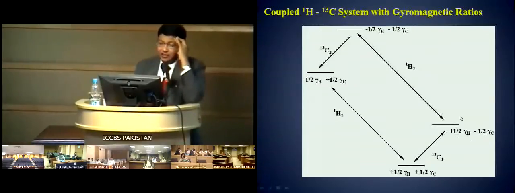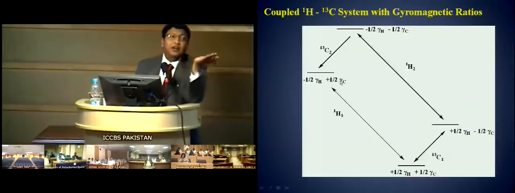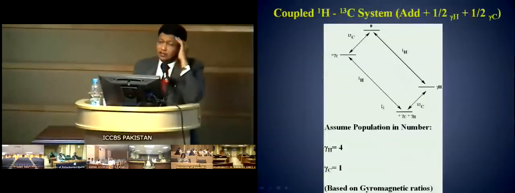Gamma H. And this? Gamma C. And this? God, you're so intelligent, you know. So this is what actually happened. This is plus half gamma H plus half gamma C, and that's what you have predicted.